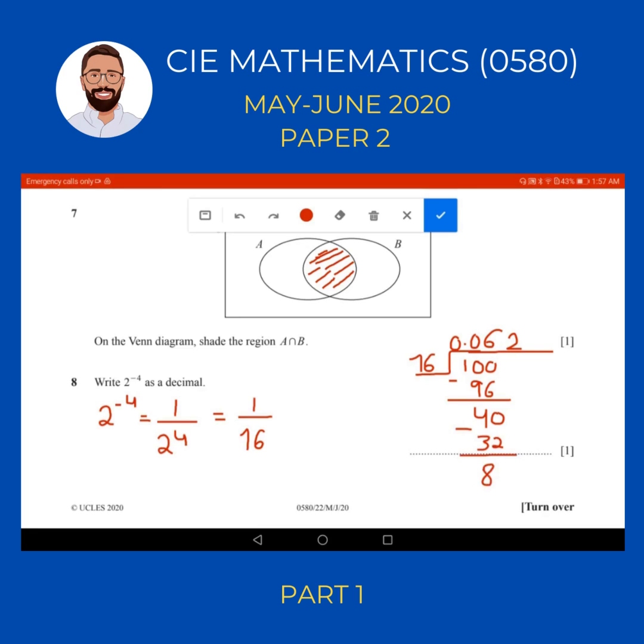Again, I can't divide 8 by 16, so I need to add a 0. And 80 divided by 16 is simply 5, because 5 times 16 will give me exactly 80. And I subtract, so the remainder here is 0. So 1 over 16 is simply 0.0625. So that's the final answer.